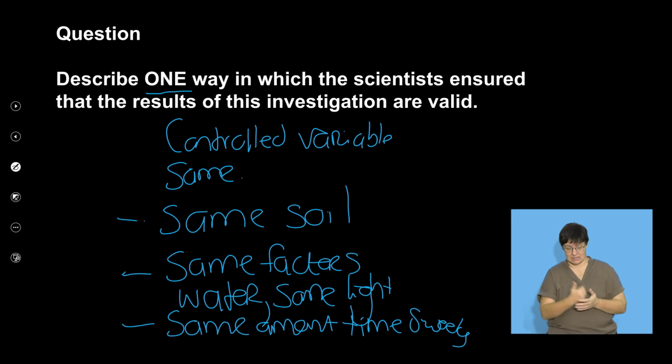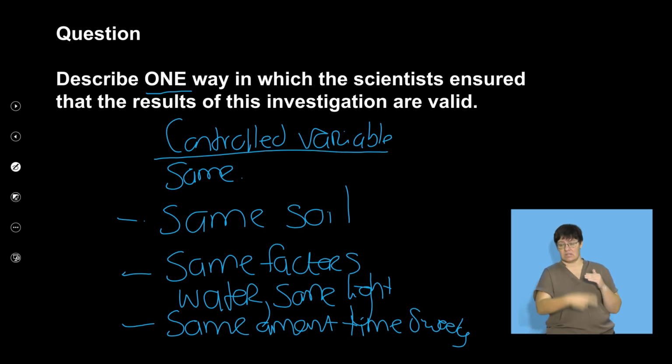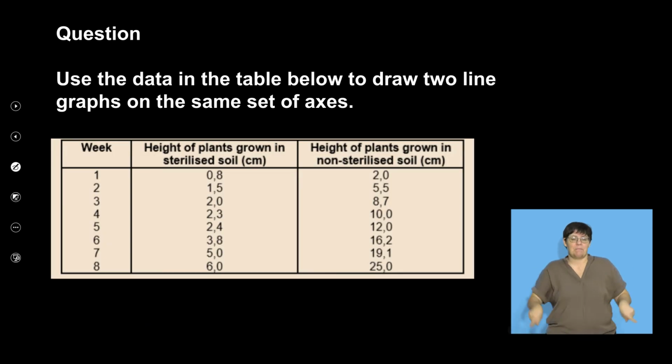So when I find a way that I can make sure the results are valid, that's my controlled variable. What did I do to the same groups?